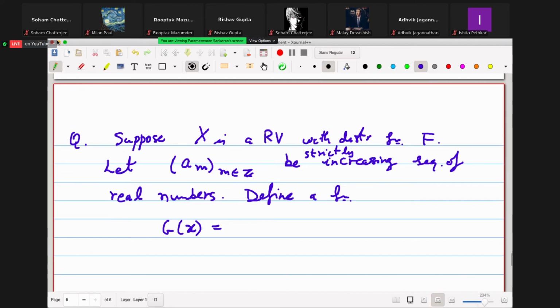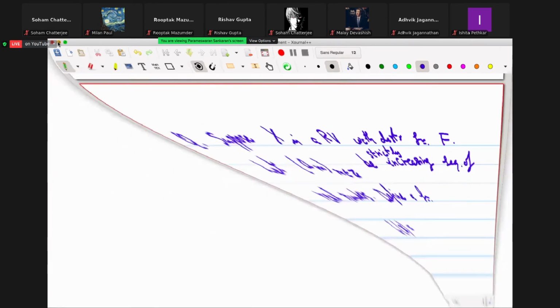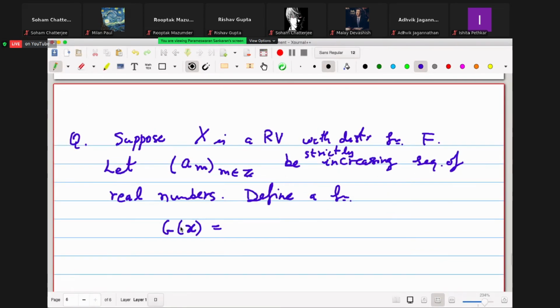Yes, I need to check that. G of x is the probability that X is less than or equal to a_m.